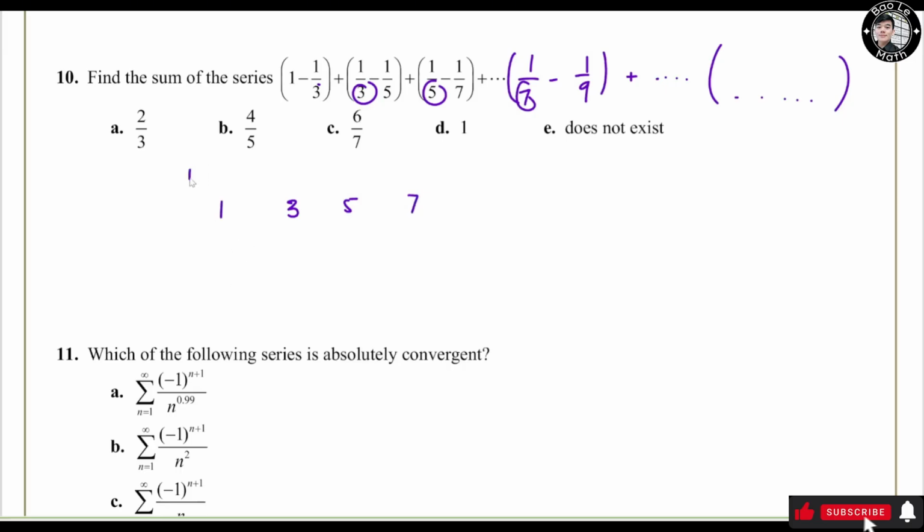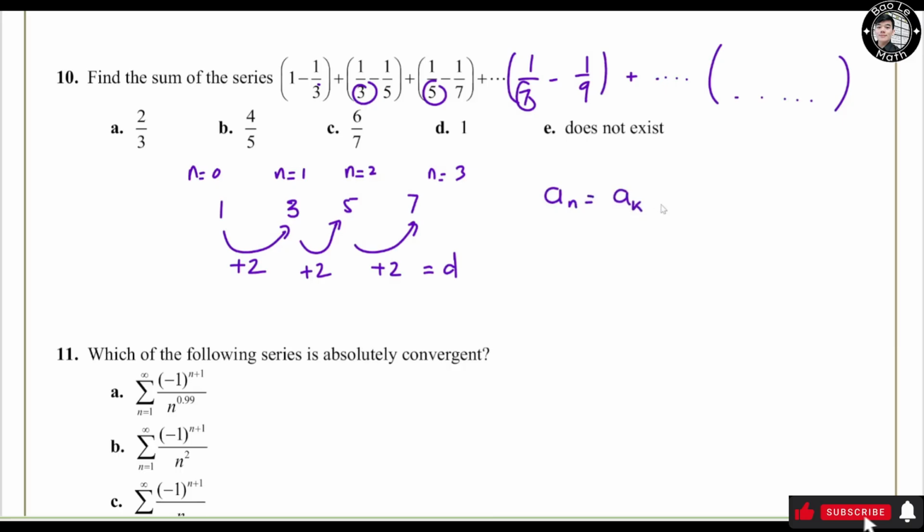So here n equals 0, n equals 1, n equals 2, n equals 3. In order to get 3 from 1, we add 2, add 2, add 2, and this is actually an arithmetic sequence. So we have a sub n equals a sub k plus n minus k times d.